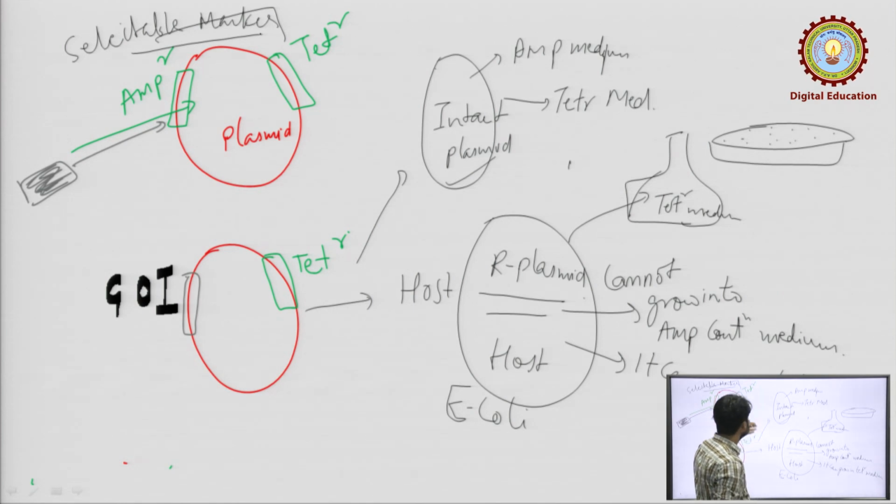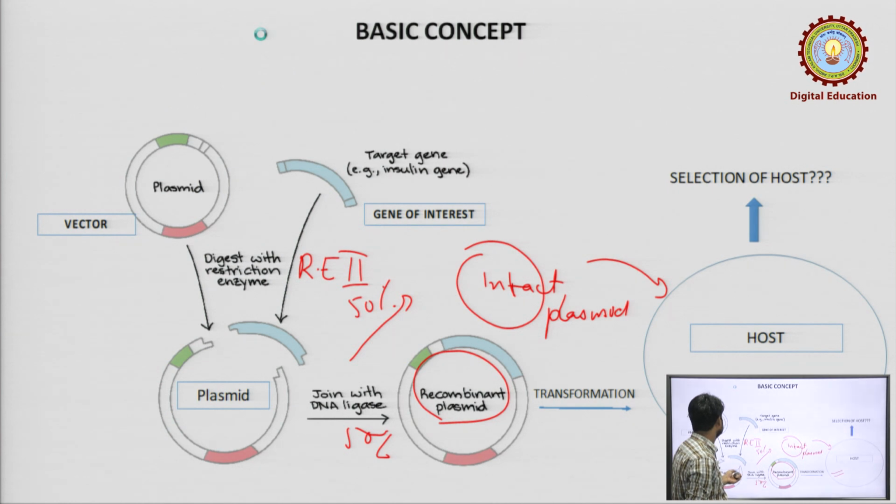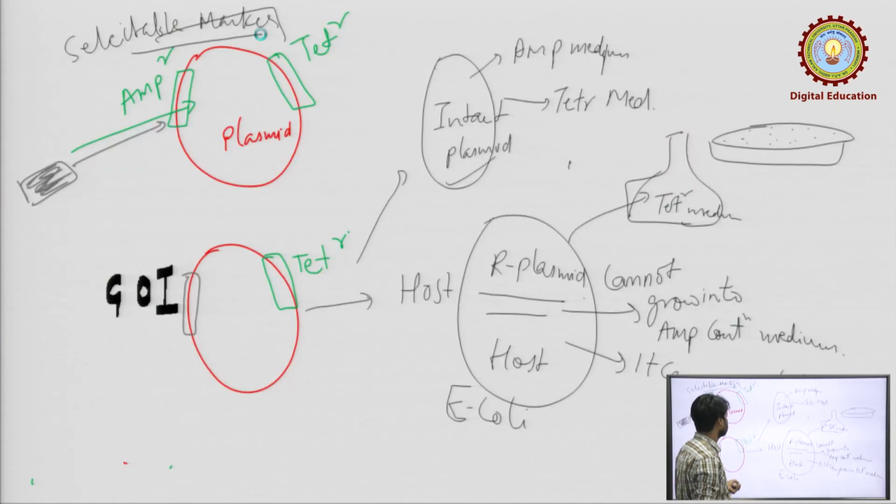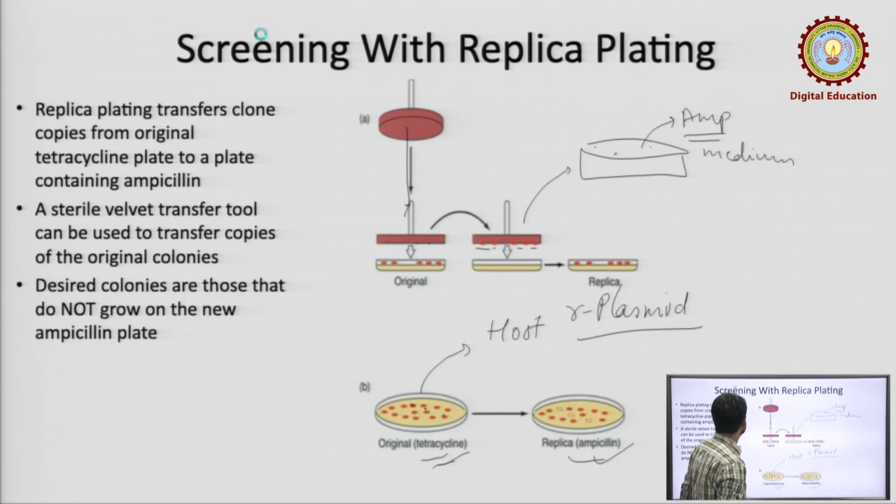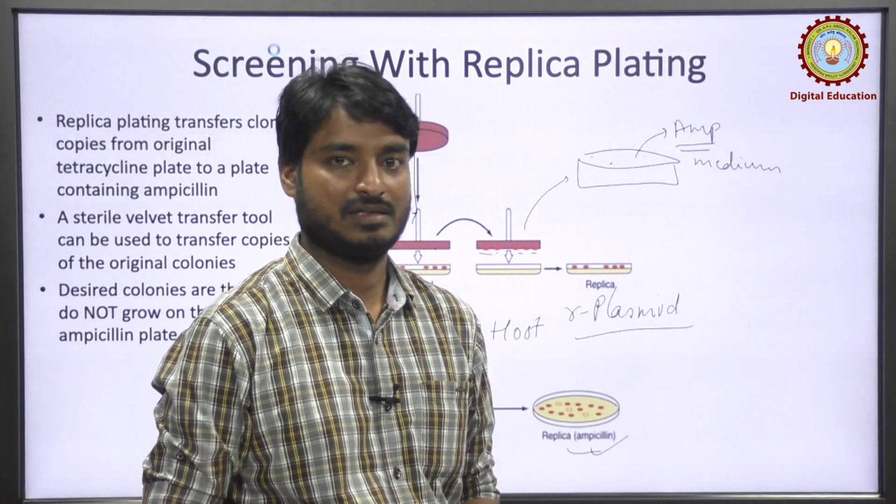And the plasmid should have some properties like origin of replication, as I have told you earlier, and self-replicating capability, so it can multiply in the host. This is how we select our recombinant colonies, and there is another method, blue white screening, that we will discuss in another class.